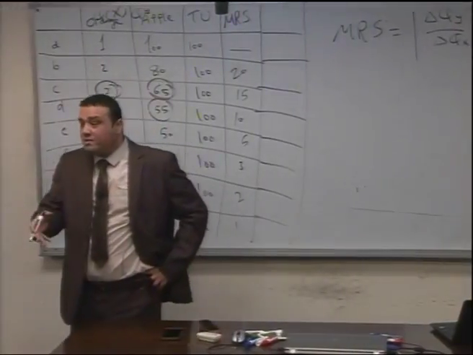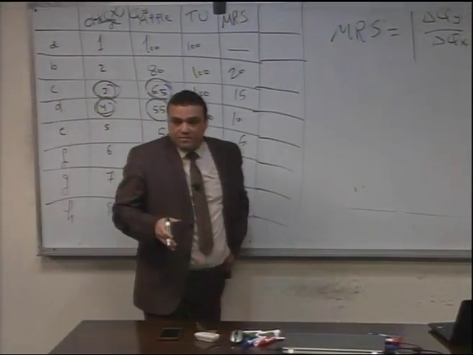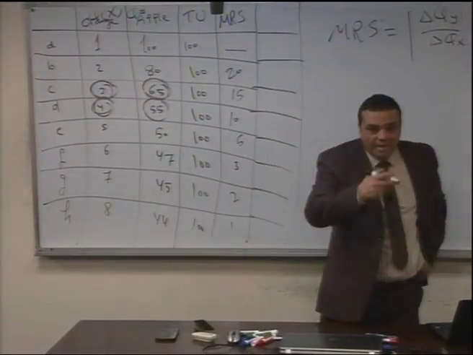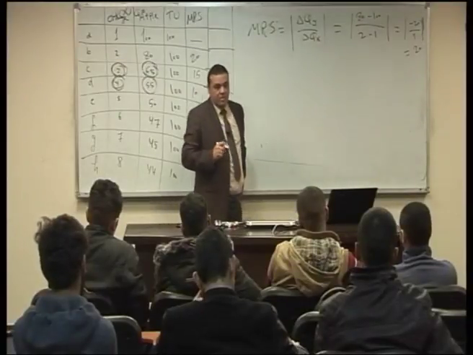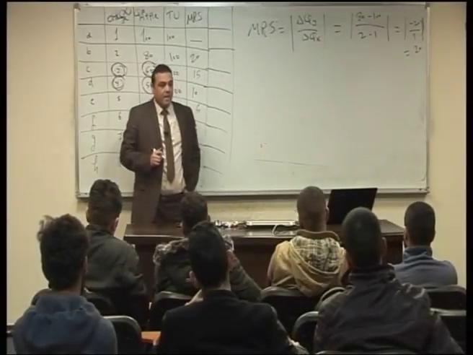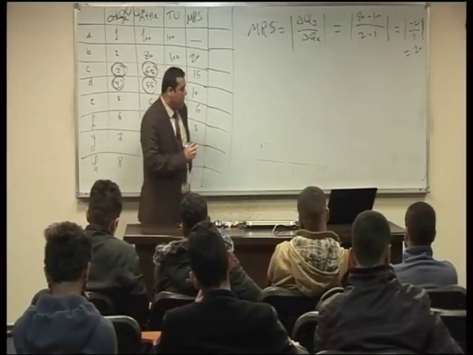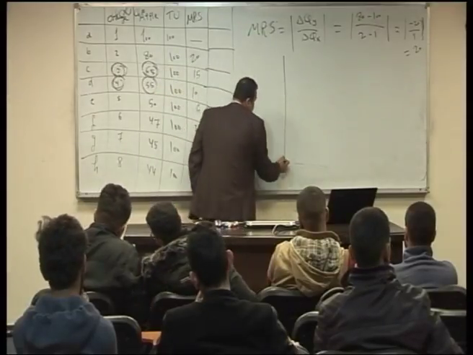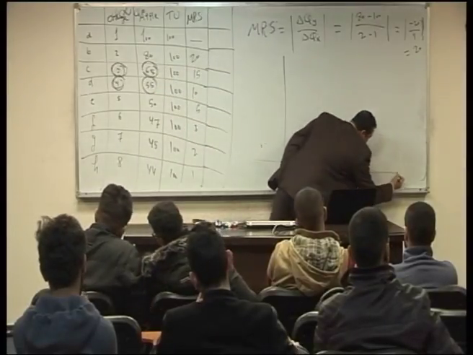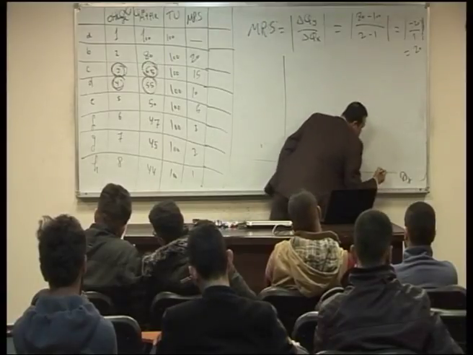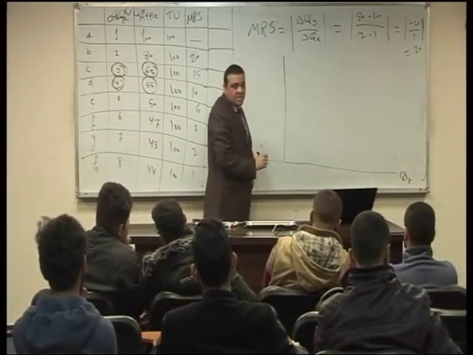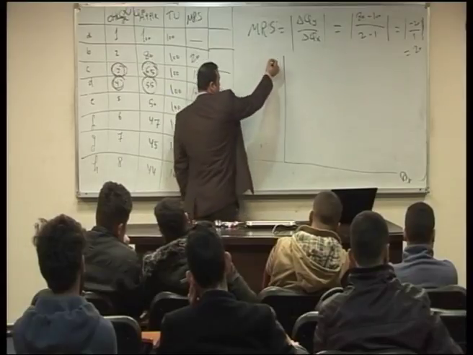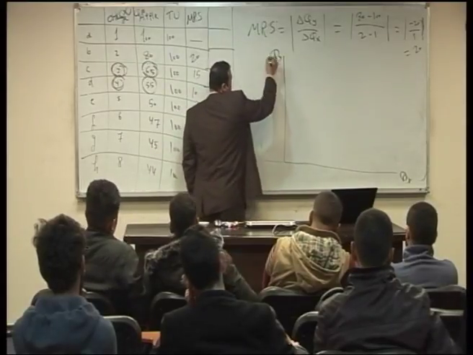Let's derive the indifference curve. And then we will go to the budget line and determine the consumer equilibrium, and then we'll go to the income and substitution effect. This is QX on the horizontal axis and QY on the vertical axis.